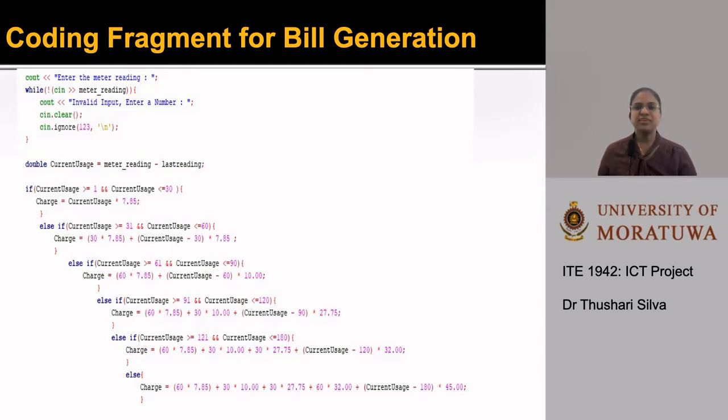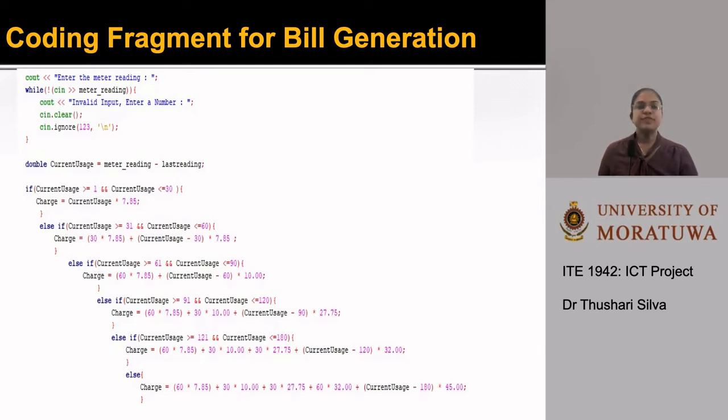So it's better if you can implement these rate values as constants or make them available at one single point. In that case, when sudden changes occur, you can easily change the entire algorithm rather than making mistakes. That way, you may improve the efficiency and the accuracy of your system. Those are the hints you need to remember when you implement your system, to make it efficient and effective.